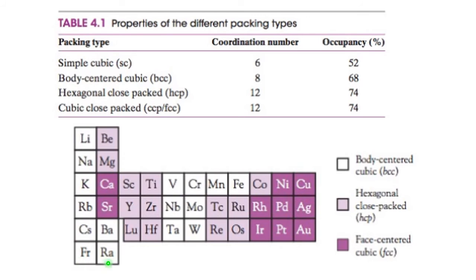It's a first group and some second group metals, and there are examples among transition metals. Face center cubic is very common, as well as hexagonal close packing is very common among simple elements.